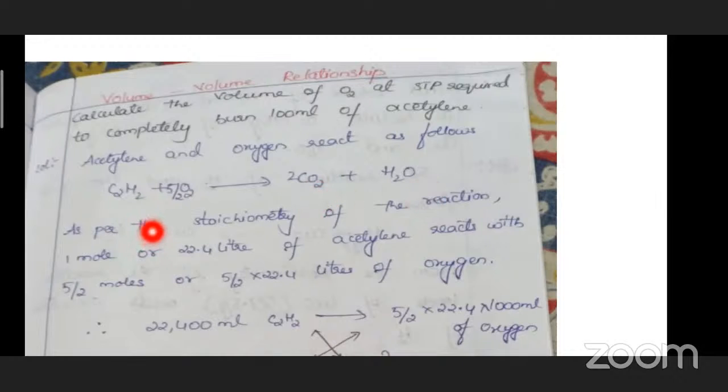Already you have learned that combustion of hydrocarbons will give us carbon dioxide and water. So how many ever carbons are there, those many number of carbon dioxide molecules you should write for balancing the combustion of hydrocarbon reactions. C2H2 is a hydrocarbon because it is made up of carbon and hydrogen only.